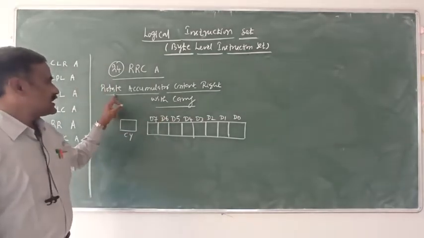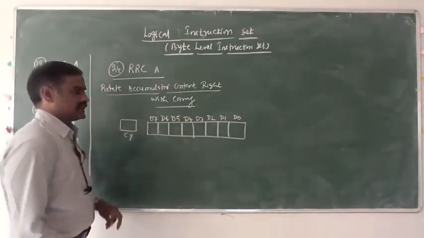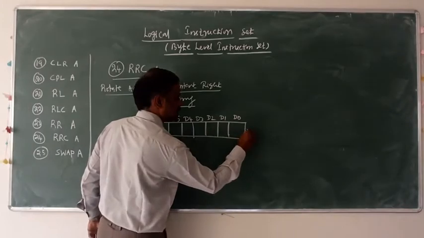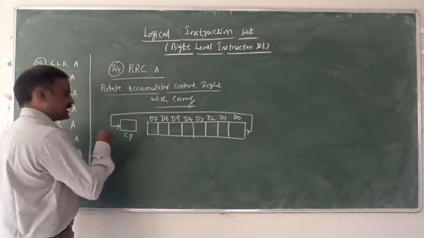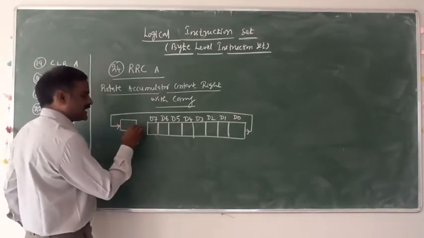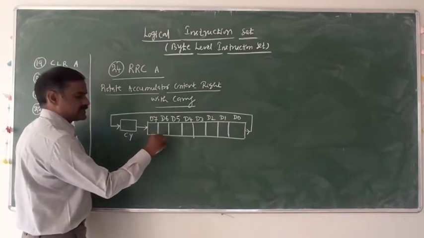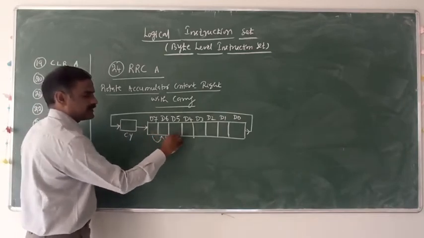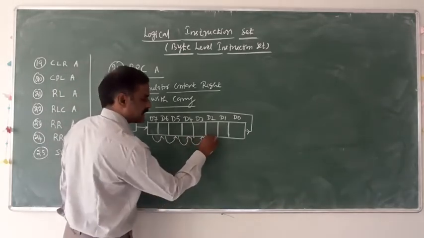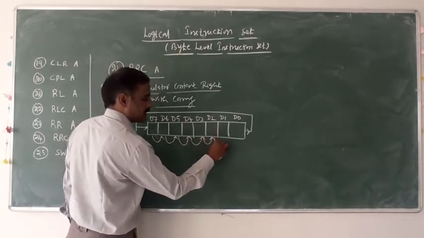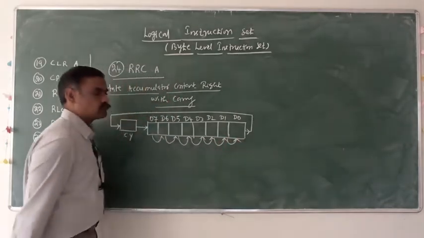Here the rotate accumulator content right with carry. The D0 bit data moves to carry, and then the carry bit data moves to D7 position. The D7 position data moves to D6, D6 to D5, D5 to D4, D4 to D3, D3 data to D2, D2 data to D1, and D1 data to D0 position.